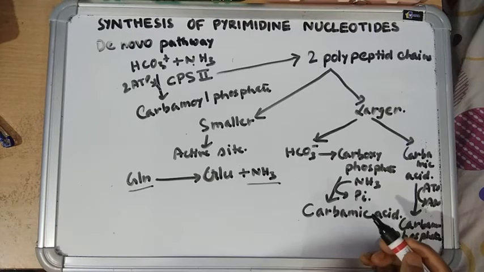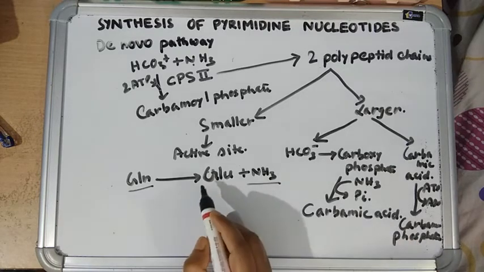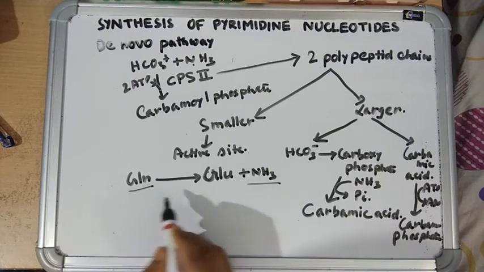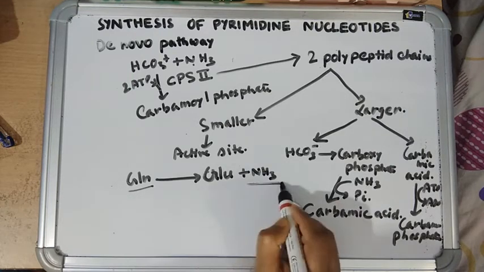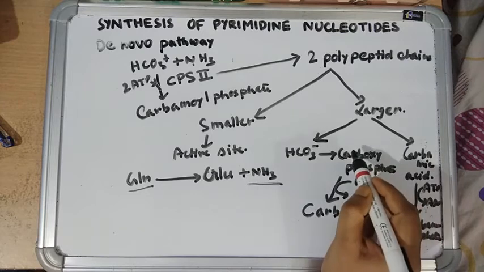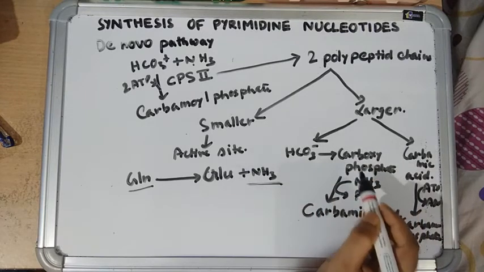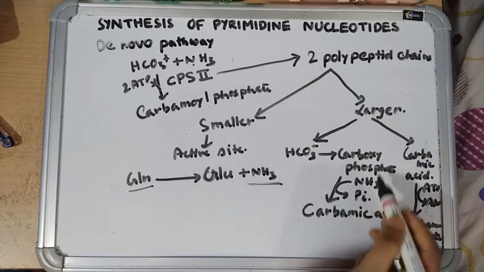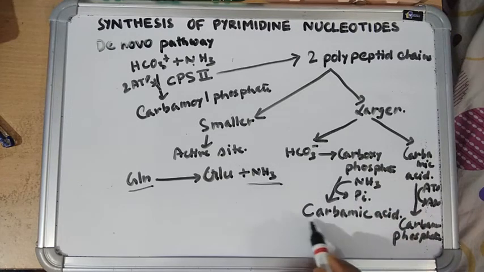So in the same enzyme, 3 reactions occur in 3 active sites. In one active site, there is glutamine hydrolysis and generation of ammonia. In one active site, there is phosphorylation of bicarbonate to form carboxyphosphate first. Then this ammonia combines with carboxyphosphate to form carbamic acid.